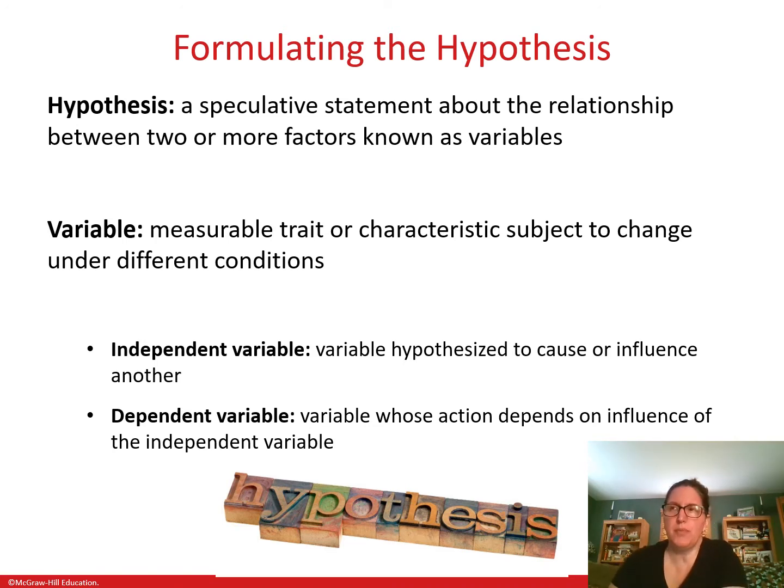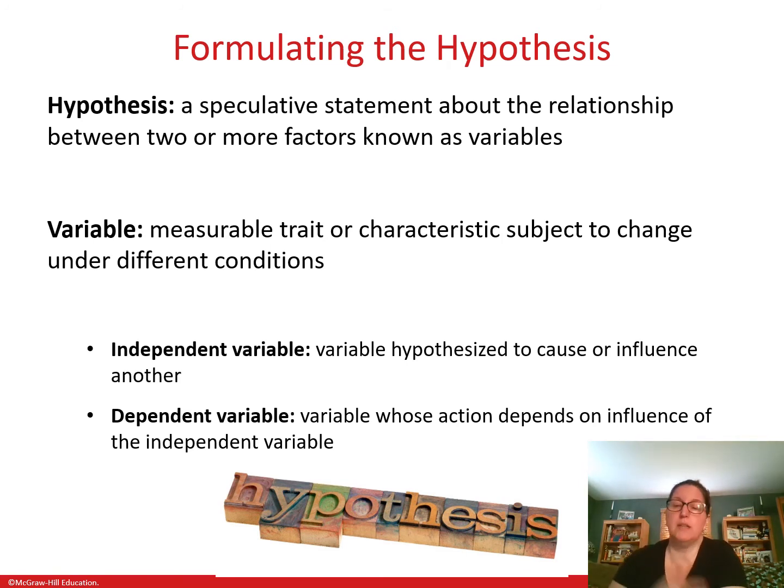So say I was studying a person's education and its impact on their level of income. I would state, I believe that the higher your education, the higher your income will be. Then in your research, you're going to try to either prove that happens or disprove it.